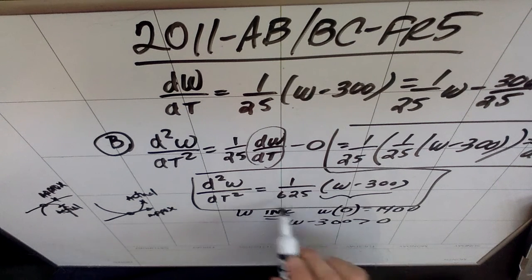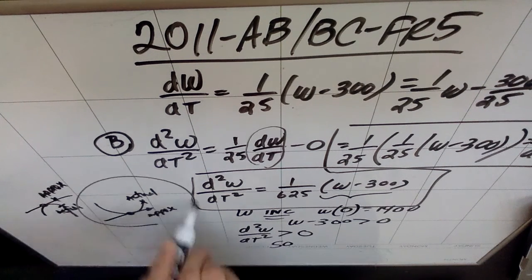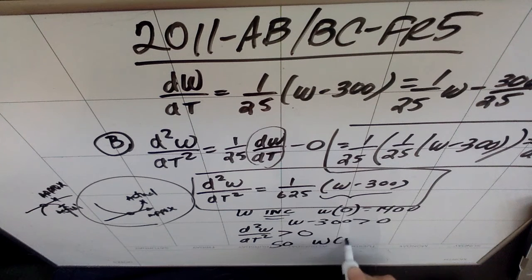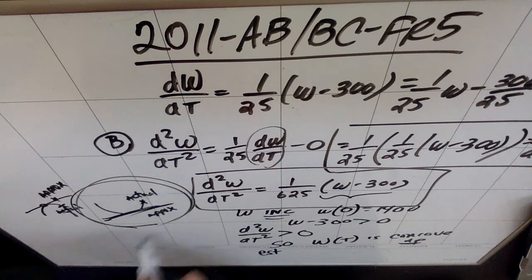What that tells me, since 1/625 is also a positive number, is that d squared W dt squared has to be greater than 0. So W has to be concave up. W of t is concave up, and my estimate was an under approximation, just like this picture shows.